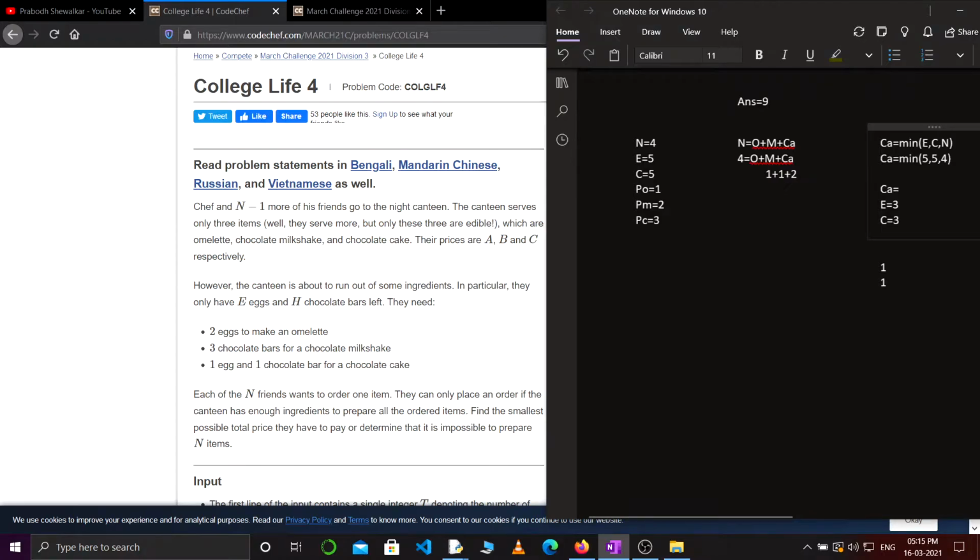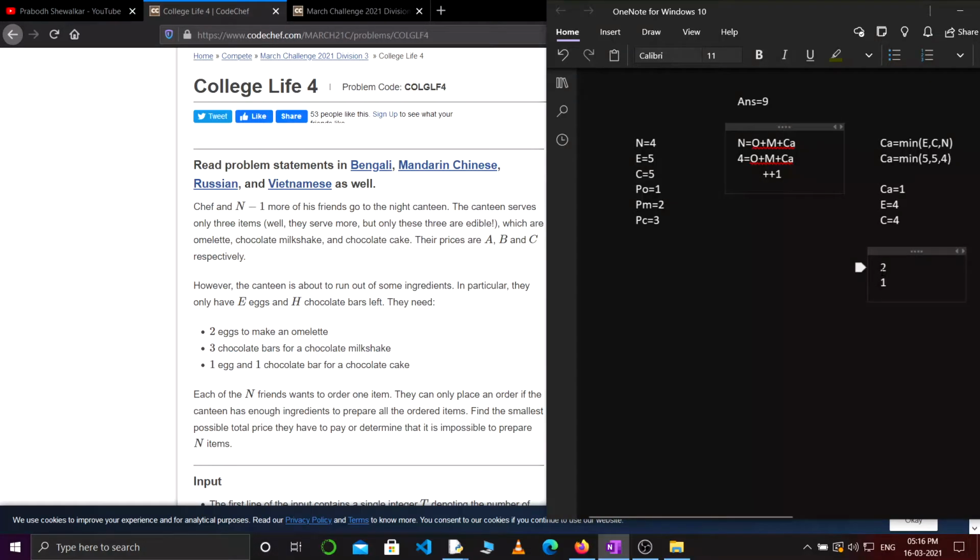Now decreasing number of cakes. So 1, eggs will be 4 and chocolates will be 4. So now I can have 2 omelettes because there are 4 number of eggs, and again I can have only one milkshake because there are 4 number of chocolates. So now number of cakes are 1, and now I have to add 3 items more.